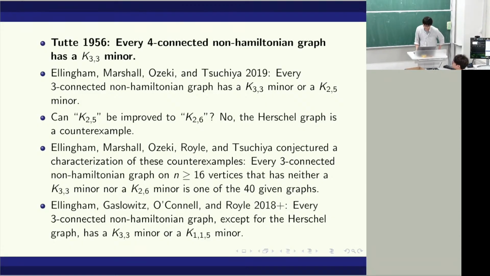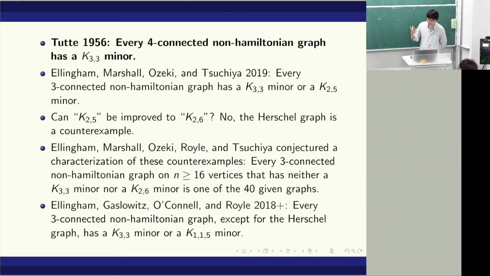So let's review some other related results first. Because Tutte said that every 4 connected non-Hamiltonian graph has a K3,3 minor, it is a follow-up question to ask, okay, what if we consider only 3 connected non-Hamiltonian graphs?